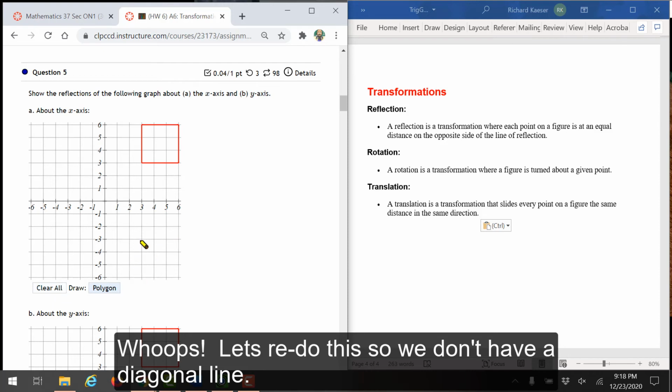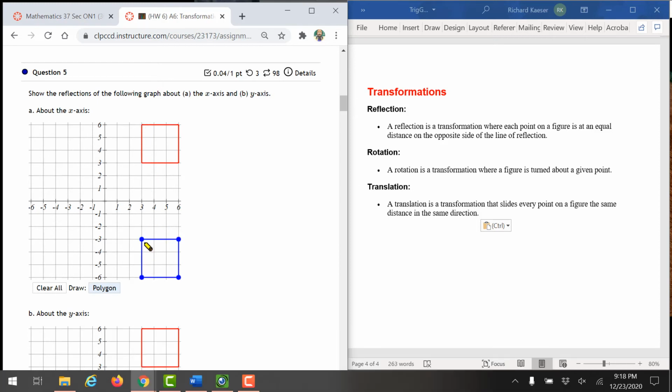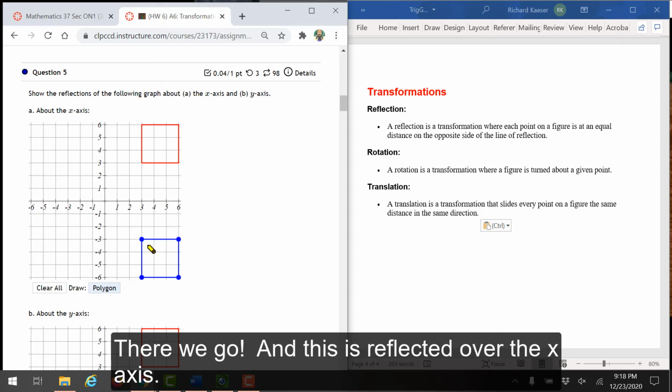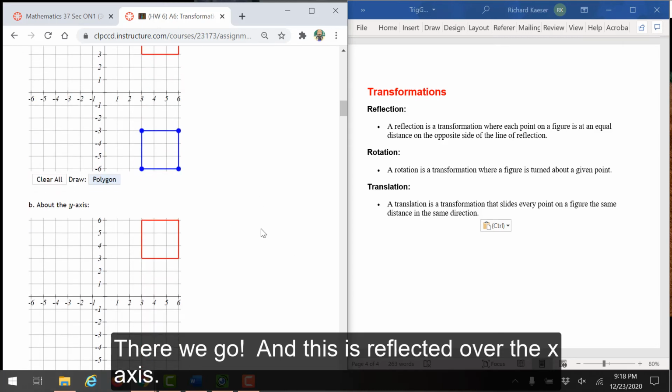Whoops, let's redo this so we don't have a diagonal line. There we go, and this is reflected over the x-axis.